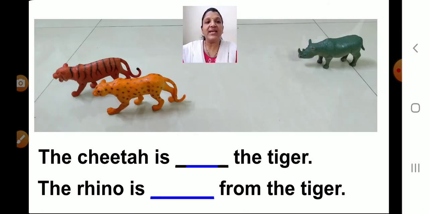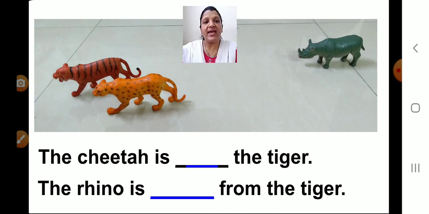See, what do you see in this picture? Three animals, three wild animals. They are going somewhere. Let us read. The cheetah is dash the tiger. Where is cheetah? The cheetah is near the tiger.